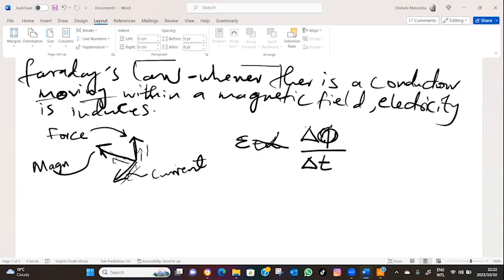So if you move your conductor fast, you will induce a higher voltage or a higher EMF.